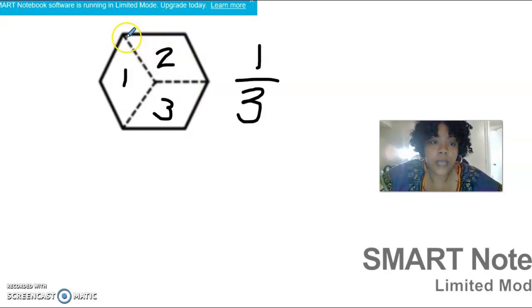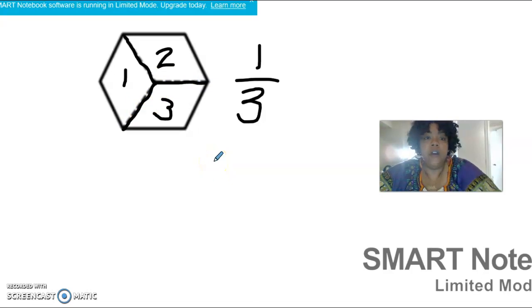And if it helps, I'm going to shade in these dotted lines a little bit here so that we know exactly what we're looking at. Maybe that makes it a little more clear. Okay, so I have 3 equal parts. Each part is 1/3 of the whole hexagon. And now I need to name each of those parts.